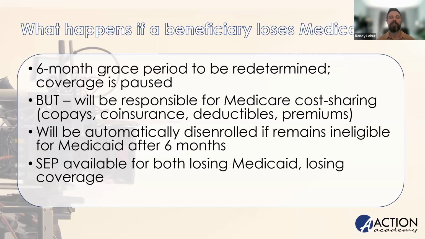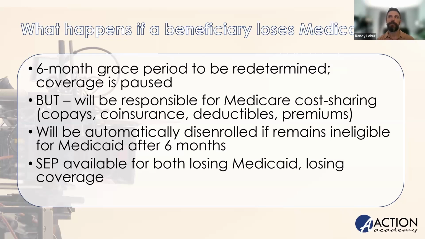What that means is during that 6-month grace period, the beneficiary is going to be responsible for all Medicare cost sharing they'd be responsible for under original Medicare. So copays, coinsurance, deductibles, and premiums. Their coverage is in effect paused while they have lost that eligibility. If after 6 months they are not redetermined as eligible, they'll be automatically disenrolled from the DSNP plan.